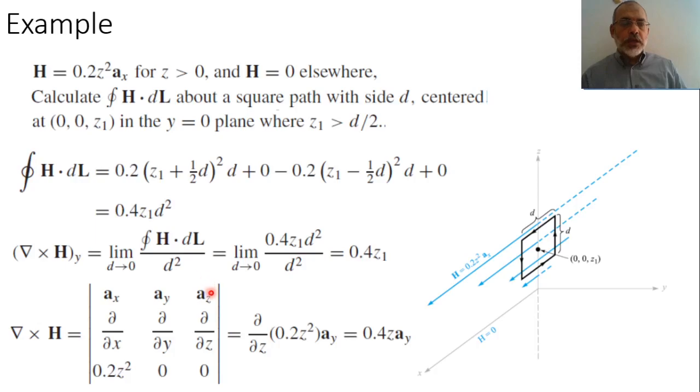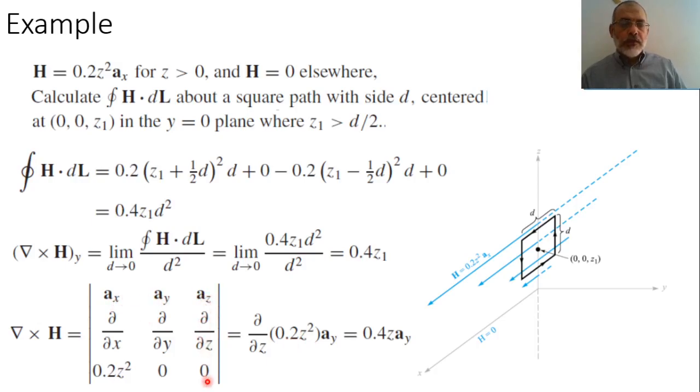So in this case, the x value is 0, the y value would be the derivative with respect to x of 0 minus the derivative with respect to z, so it is partial by partial z of 0.2 z squared in the y direction.